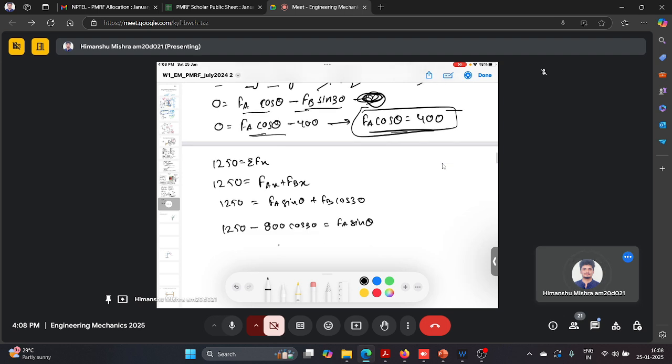So Fa sin theta equals 557.179. Right? So now you have another two equations, 4 and 5.